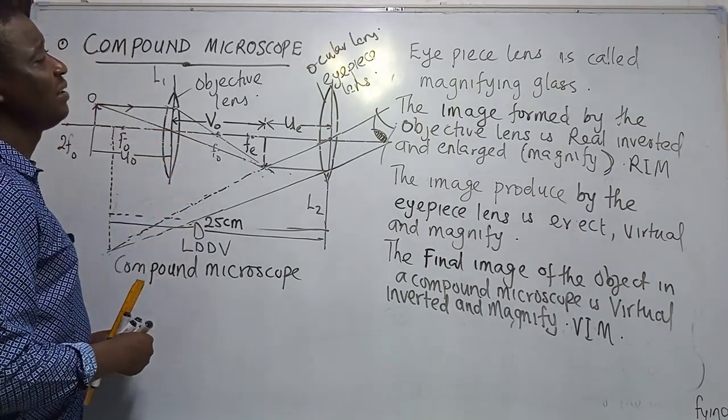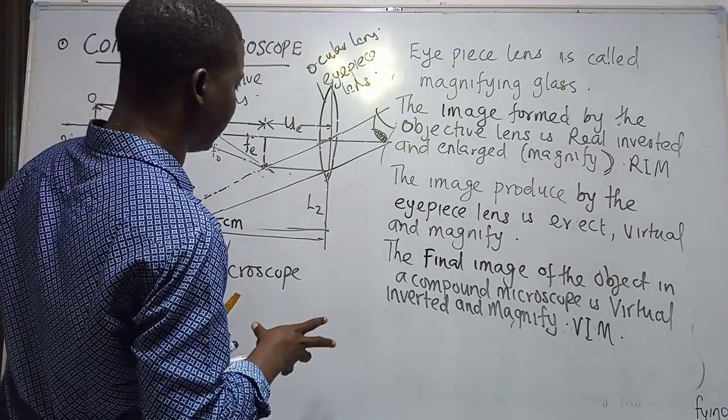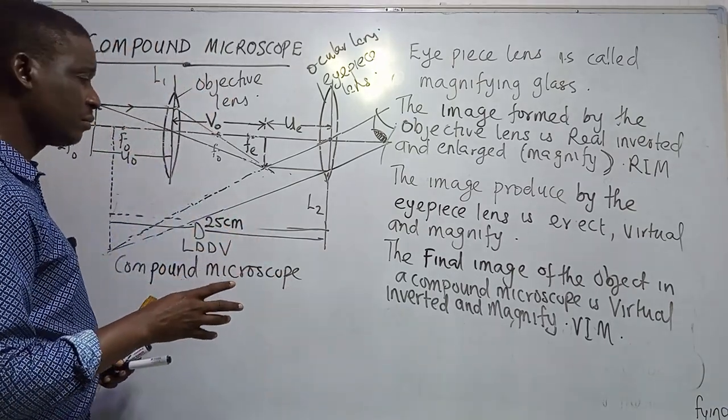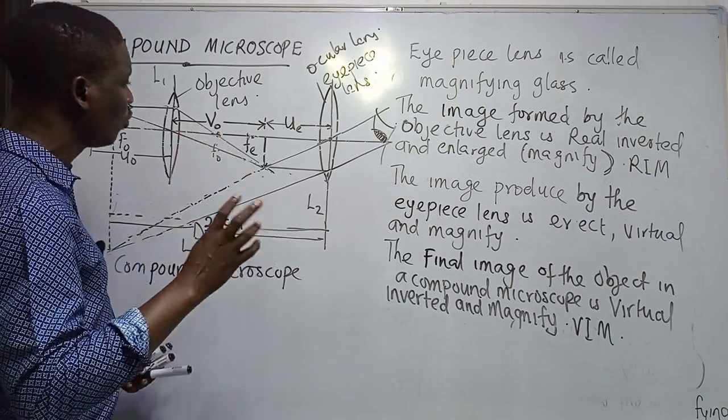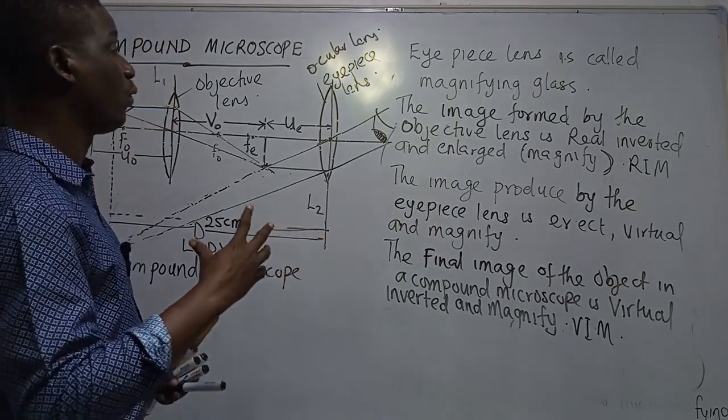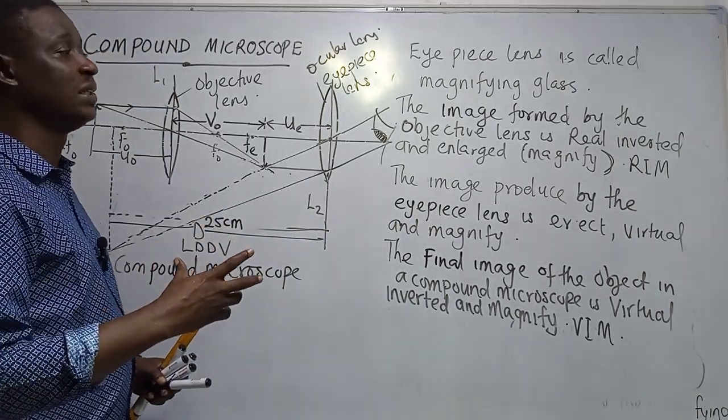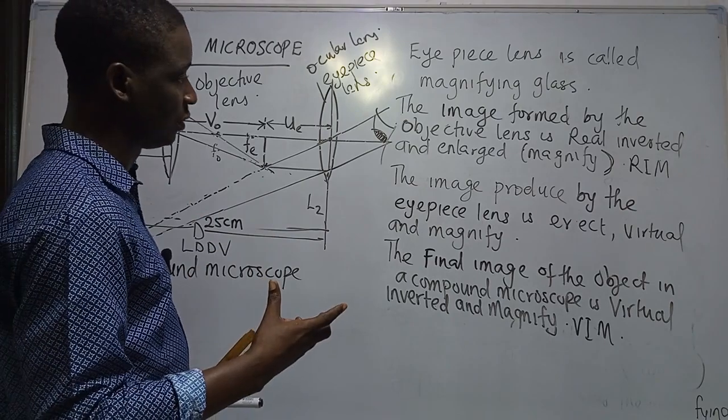Now, another thing we have to understand here is that a compound microscope is used for magnifying a tiny image.